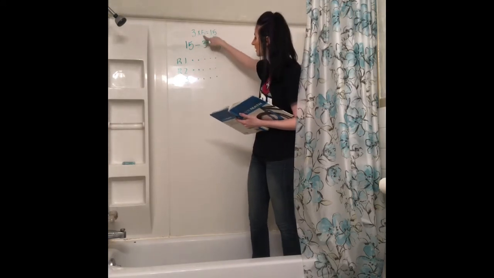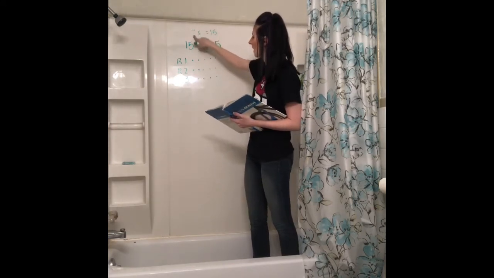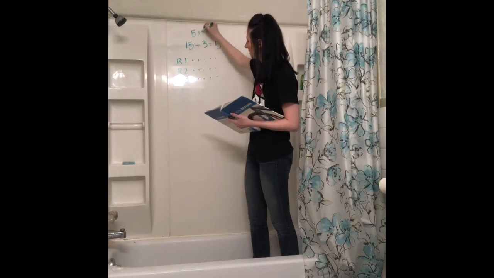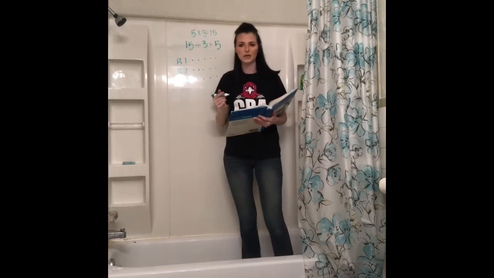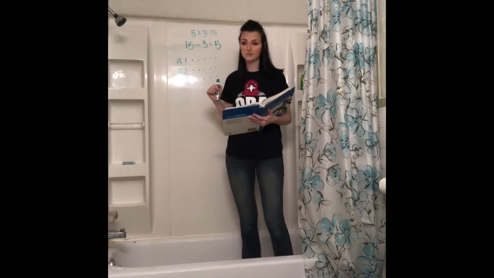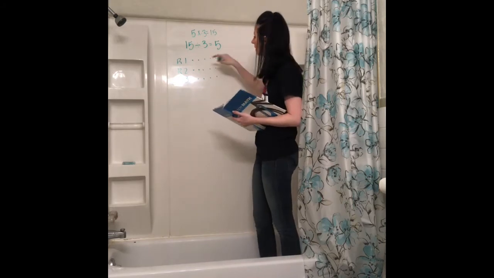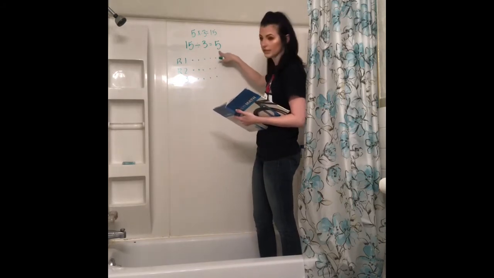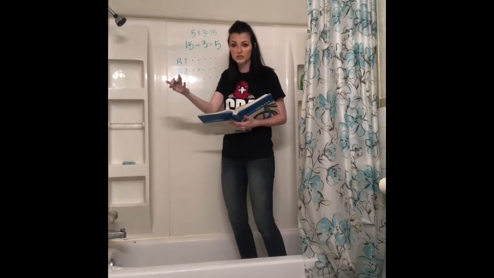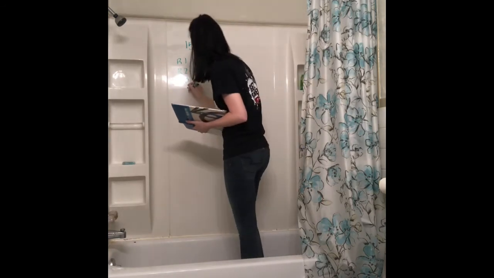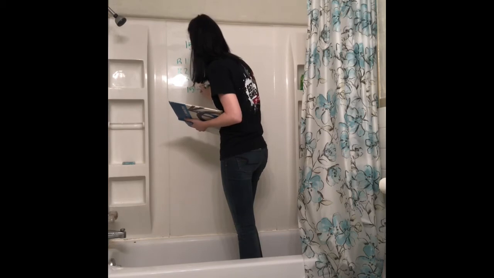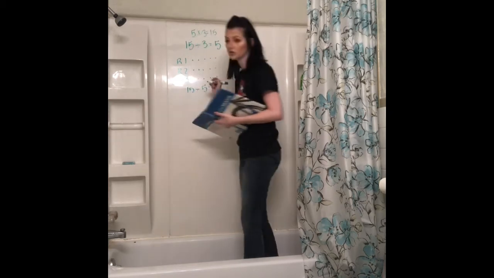But if I switched it and made it 5 times 3, would it still be 15? Yes, it would. So 15 divided by 3 is 5. Let's test the theory and see if 15 divided by 5 is 3.